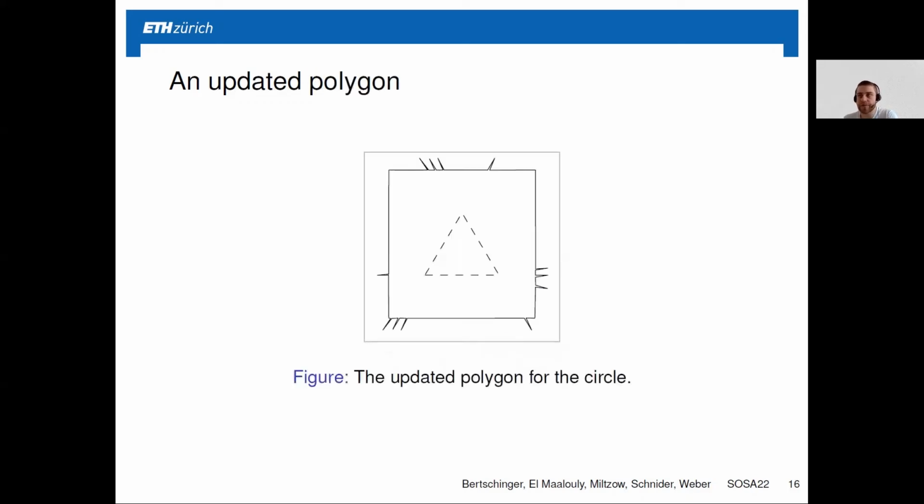And hence, if we update our polygon, then we indeed know that all solutions to this art gallery instance have all their guards on the triangle in the middle. And so we have a polygon with guards so that the solution space to this polygon is homeomorphic to the circle.